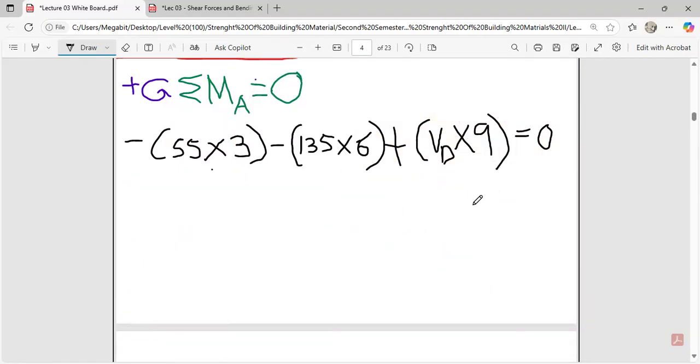Now the rest is mathematics. So you just simplify. You repeat your negative symbol. 55 times 3 is going to give you 165, and you bring your negative sign. 135 times 6 is going to be 810.